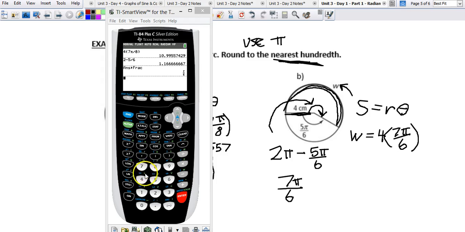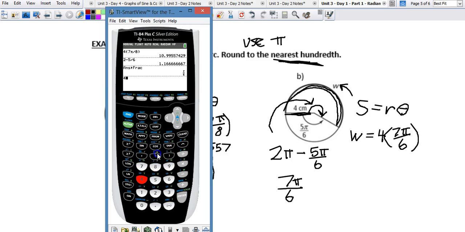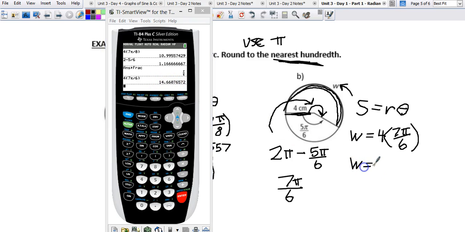So let's type that in. 4 times 7 pi over 6 is about 14.660. So my length W is, we'll say 14.66.